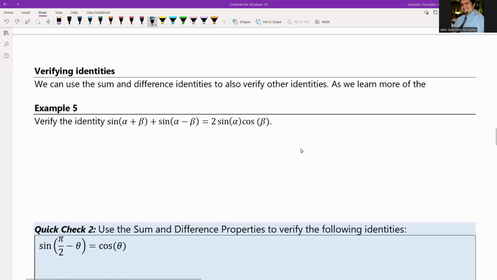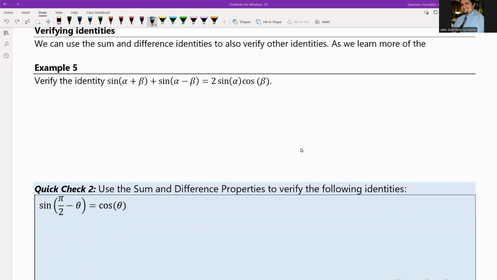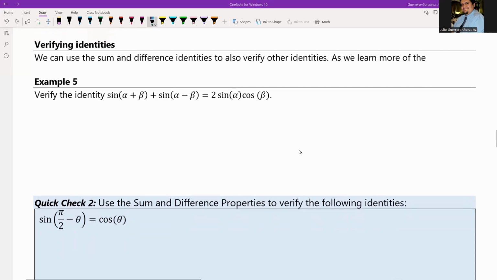So now that we know these identities, these new equations, we can use them to prove other, more difficult identities. I'm going to do one. I want to show that this is true. The same rules that I covered in section 7.1 still are valid here.